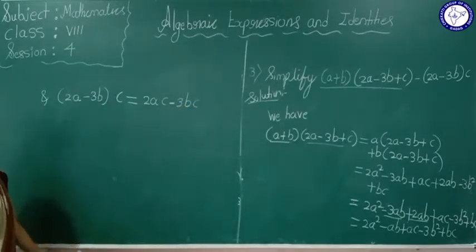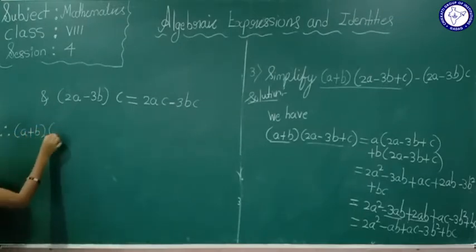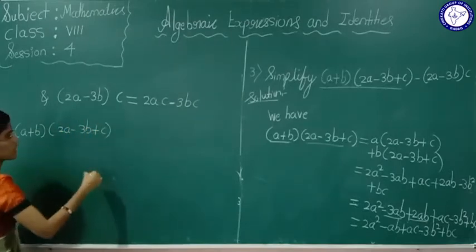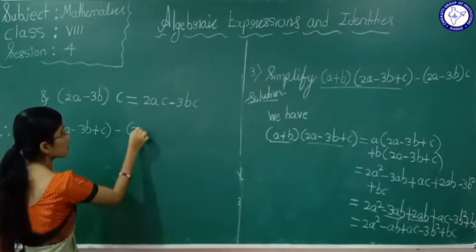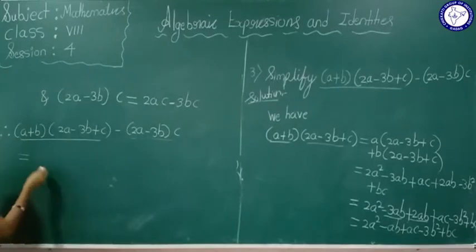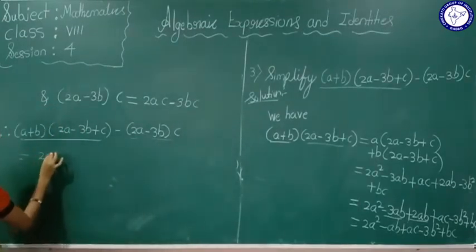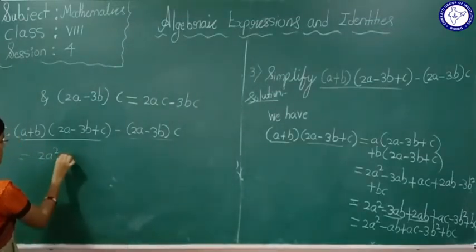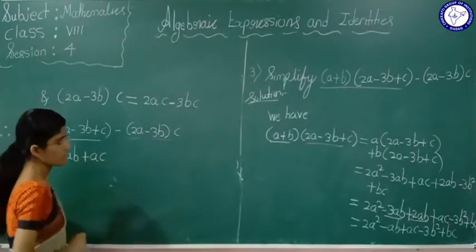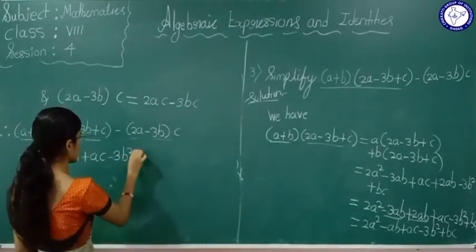Now therefore see here, a plus b multiplied by 2a minus 3b plus c, minus 2a minus 3b multiplied by c. Now see here, this way simplified, right? What is the answer we got? You write 2a square minus ab plus ac minus 3b square plus bc.